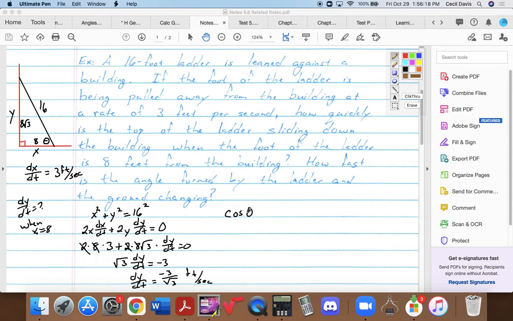So the cosine of theta is x over 16, which means that the derivative of cosine, being negative sine of theta, times d theta dt, which is what we're looking for, is equal to 1/16 dx dt.